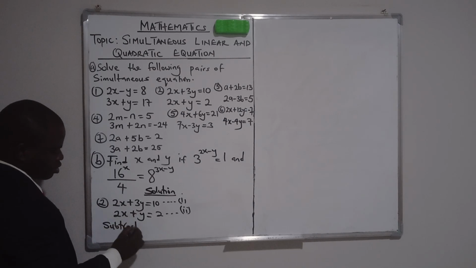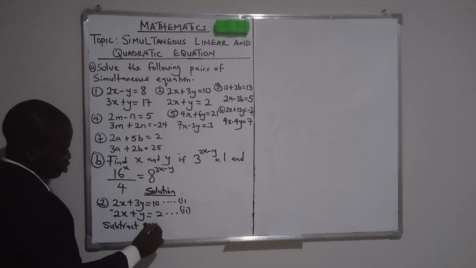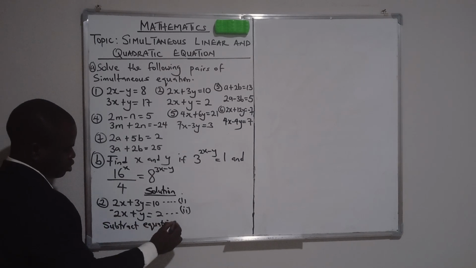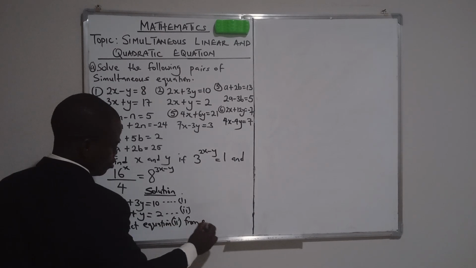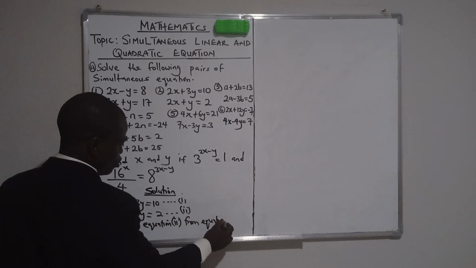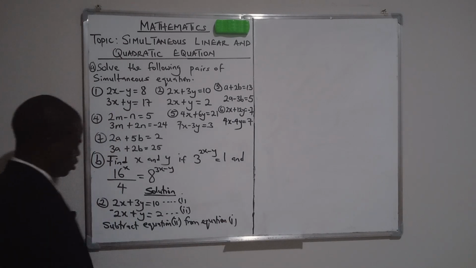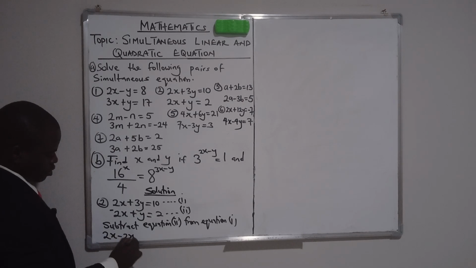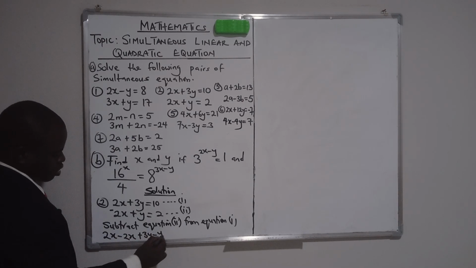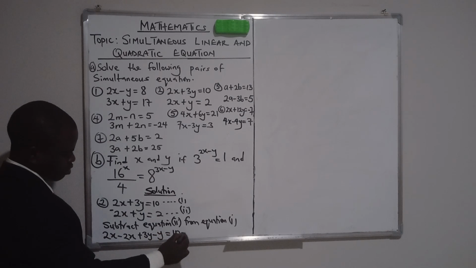Just subtract equation 2 from equation 1. In that case you now have 2x minus 2x plus 3y minus y equals 10 minus 2.